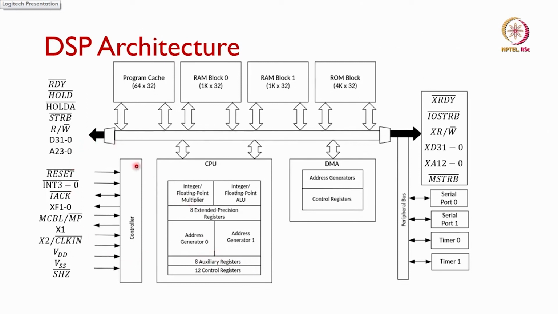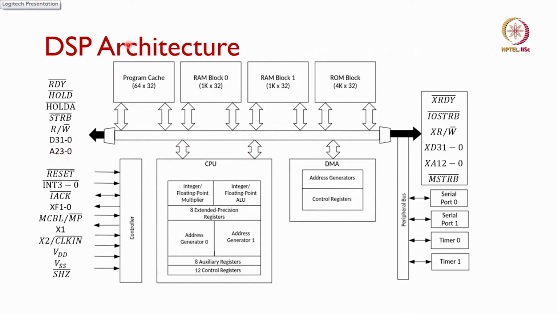These are the compiler that you would be feeding in, and this is the data bus, which is 32 bit long, and then the address bus is 24 bit.